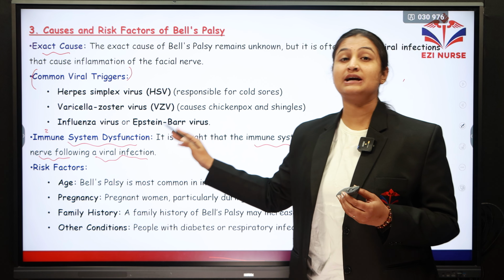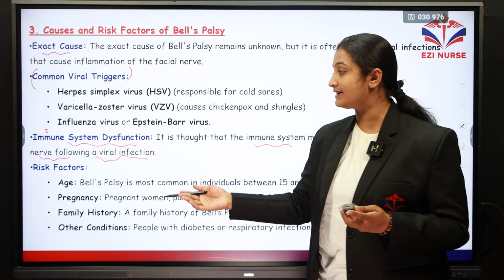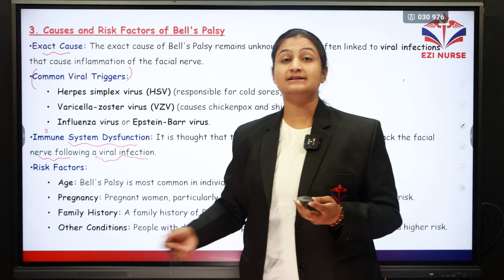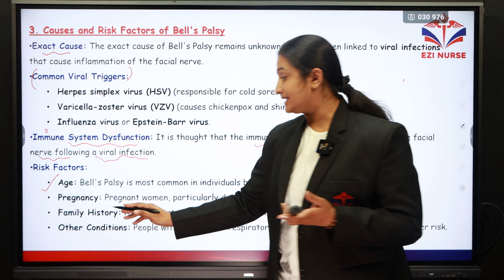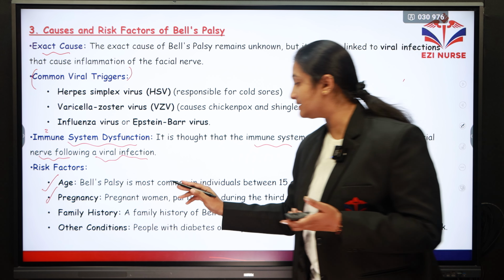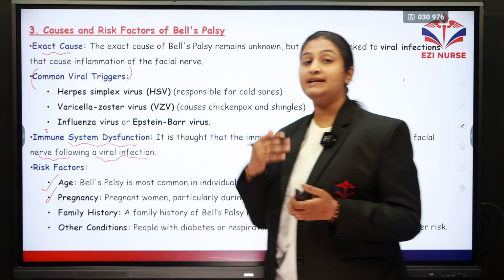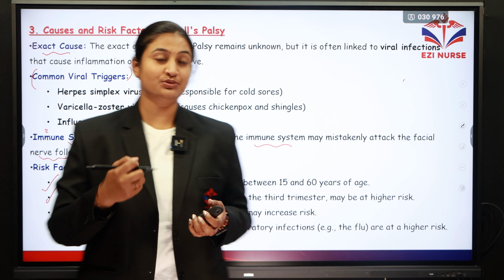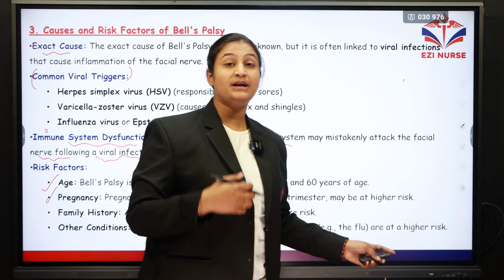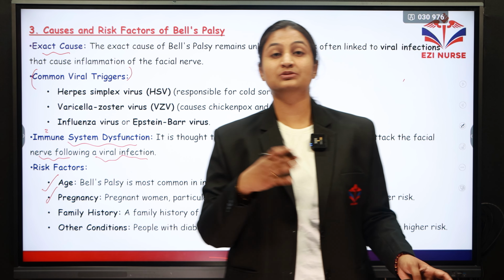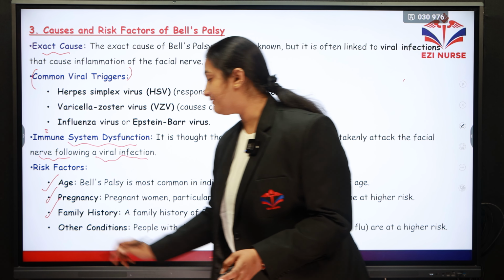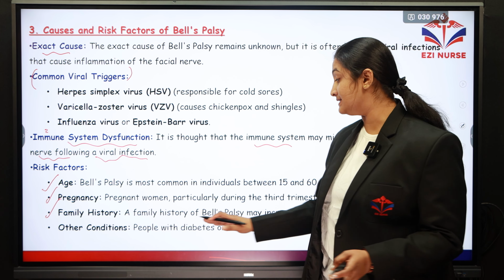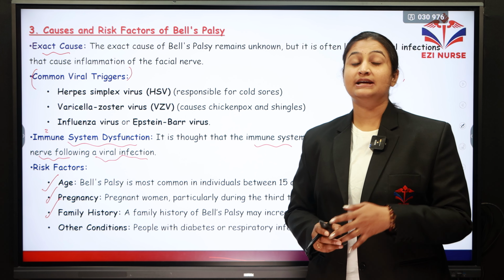That can also be a kind of viral infection, and there are some risk factors, such as age. Then pregnancy, because in pregnant women, particularly during the 3rd trimester, it can be seen at a higher rate, so the risk is more. Then family history, where a family history of Bell's palsy may increase the risk.